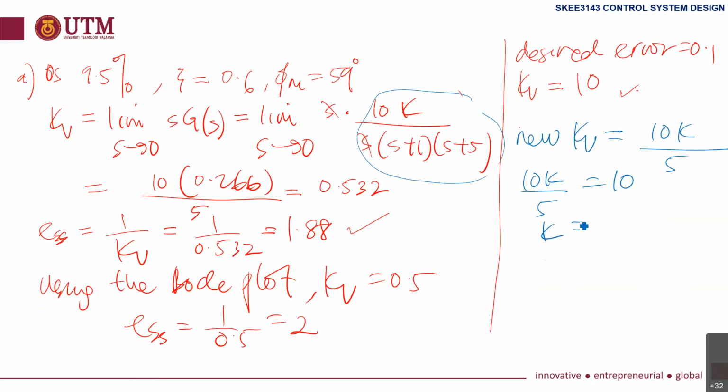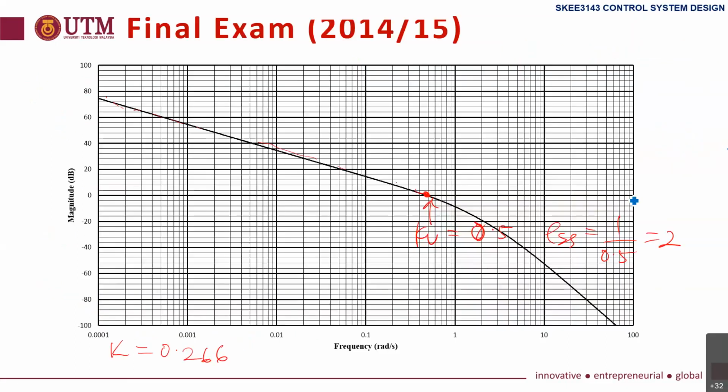K here is 5. So we need to use K equal to 5 in order to obtain KV 10 and error 0.1. But the Bode plot here uses K 0.266. Then we need to modify the Bode plot with K equal to 5.